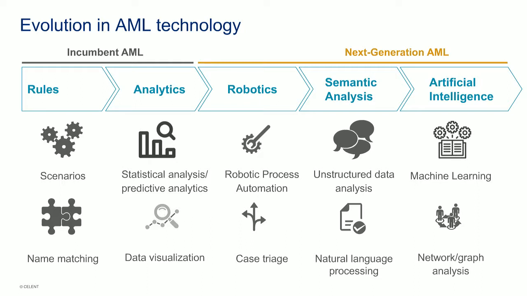Overall, on the behavior detection side, transaction monitoring systems are moving from static analysis of largely structured data to a more dynamic analysis that can also make use of unstructured data and using sophisticated algorithms and machine learning to really up the game.